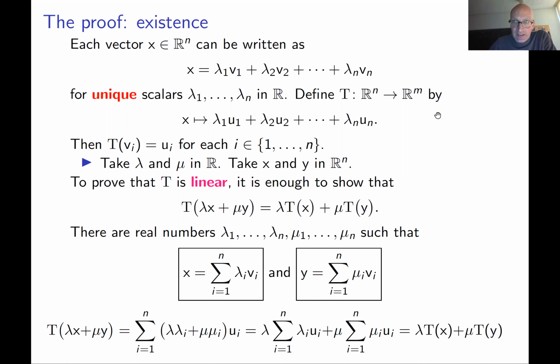So by our definition, this vector is mapped to this vector. But then you use basic properties of vectors, that this is nothing but this, which by our definition is lambda times T of x plus mu times T of y. So we proved that the conditions of our criterion are satisfied. This means that our function T, which we defined in this line, is a linear transformation.